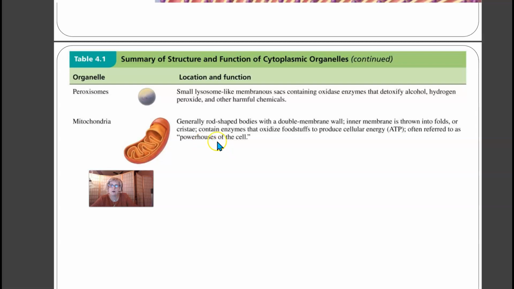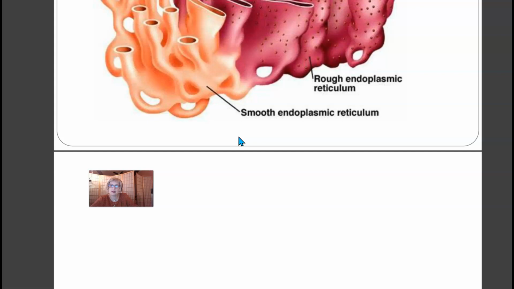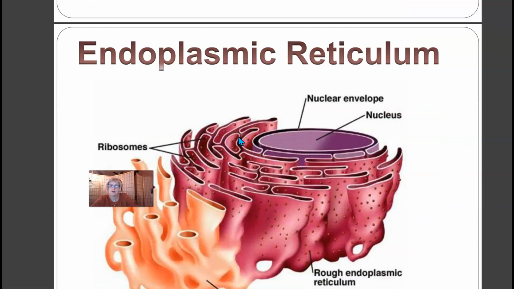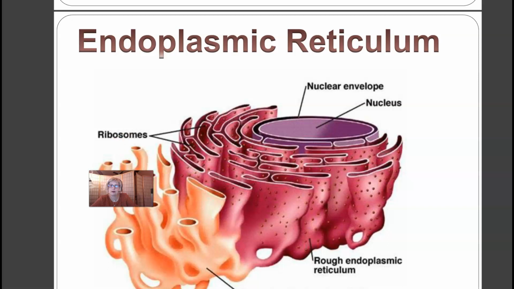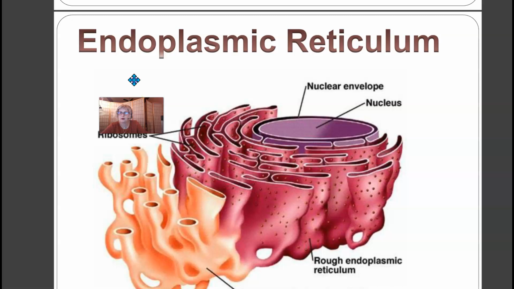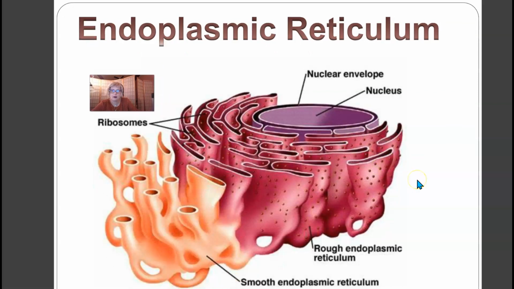Alright, now here's the beautiful image here of the endoplasmic reticulum. Alright, let me move this over here. Okay, so here you can see the endoplasmic reticulum. We have smooth endoplasmic reticulum without any ribosomes, and then we have rough endoplasmic reticulum studded with little tiny ribosomes.